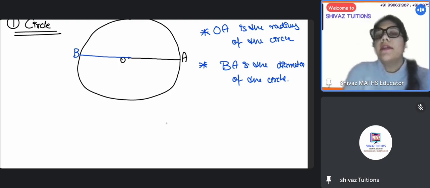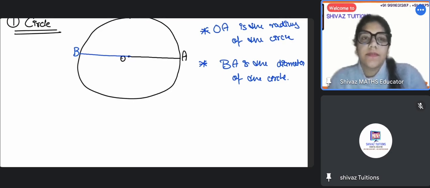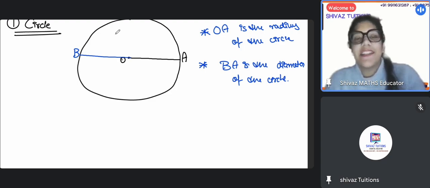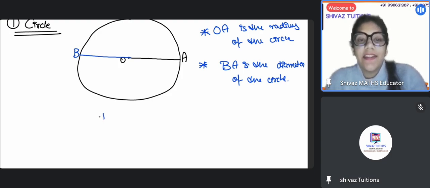A circle's diameter and radius have a relation. Can anyone tell me their relation? They look similar. No, no. Exactly, they are lines, so they must look similar. The relation is that radius is half of your diameter.